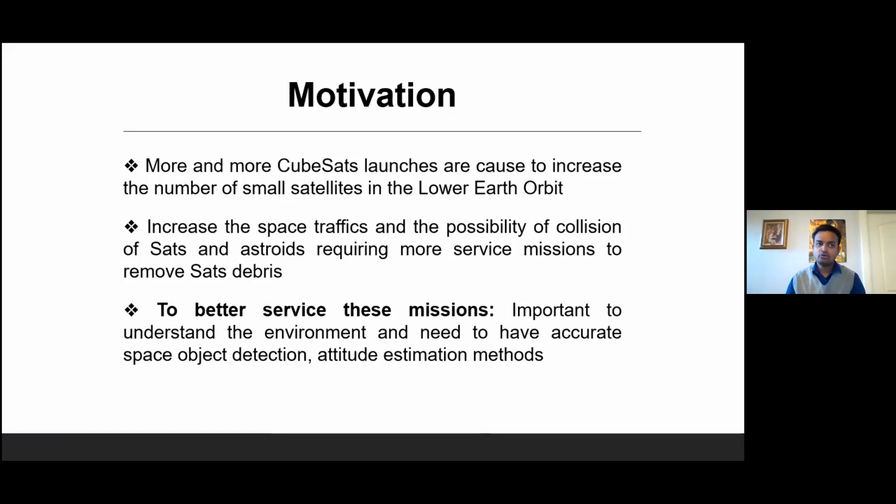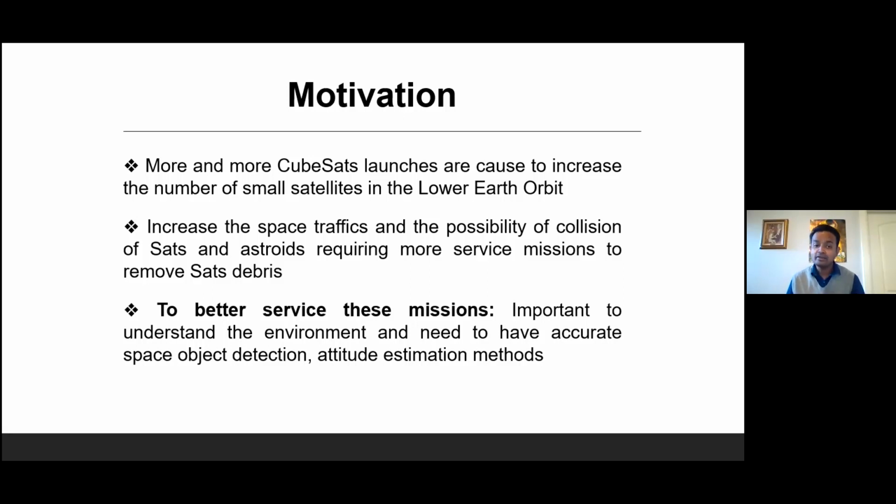So in order to develop a CubeSat detection model, I had the objective. The reason is there are more CubeSat launches increasing day by day. All over the world, people are launching CubeSats. This caused the increase of small satellites in low Earth orbit, which caused an increase in traffic and possible collisions between satellites and asteroids.